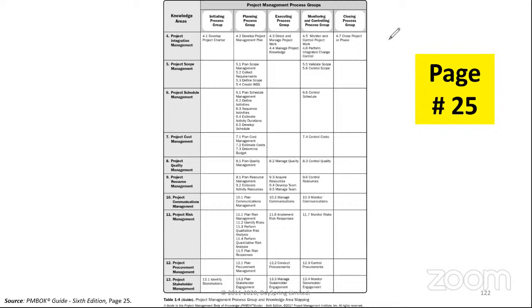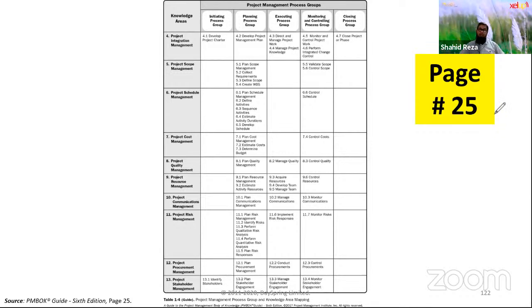I have a question, please. Yes. In the execution process group, there is no process under project scope management or project schedule management, right? But in the execution, don't we need the project scope or project scheduling activities as an input?